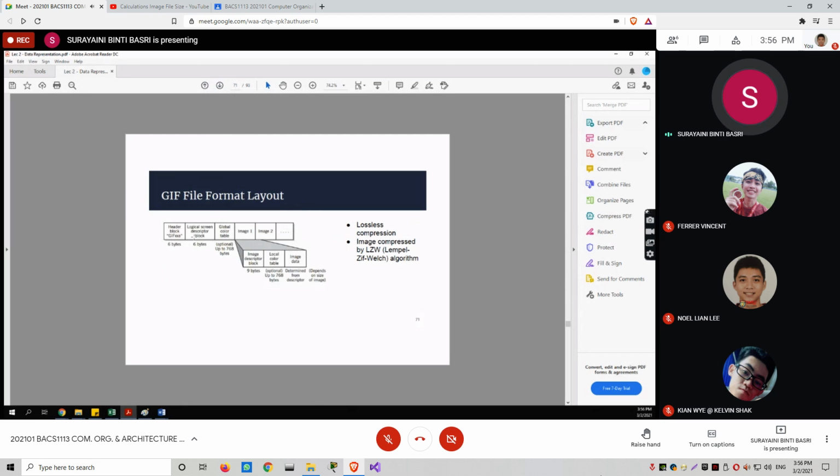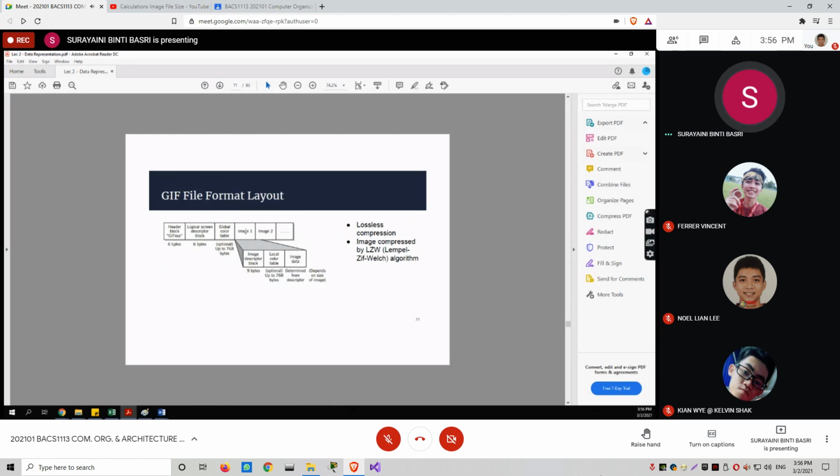So each block here will tell what it stores. It will store 6 bytes of this, and then there will also be the global color table. It can go up to 768 bytes. So if you want to know how many bits, you just multiply these bytes by 8. So you will know how many bits there are.